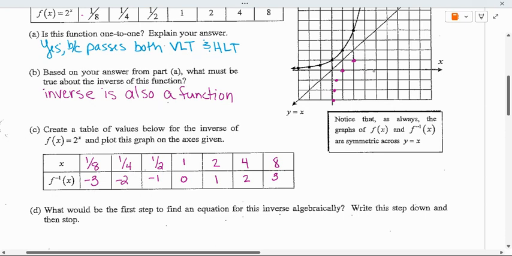And when x is 4, my output is 2. And when x is 8, my output is 3. This is the function. I don't want to use y, I want to use f of x. This is f of -1 of x. This is the inverse of my function.